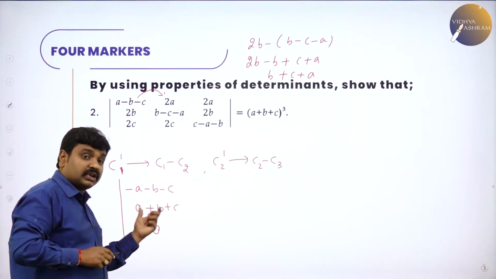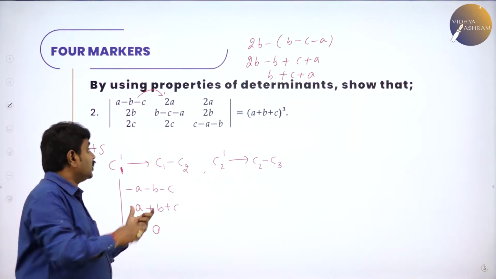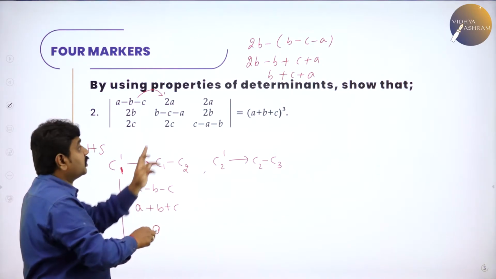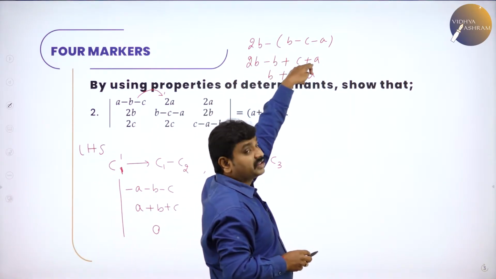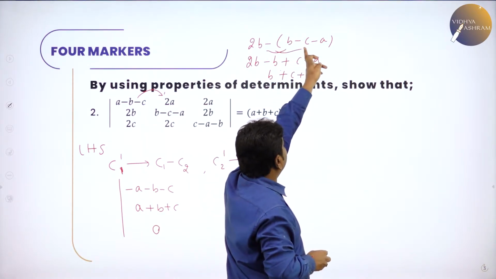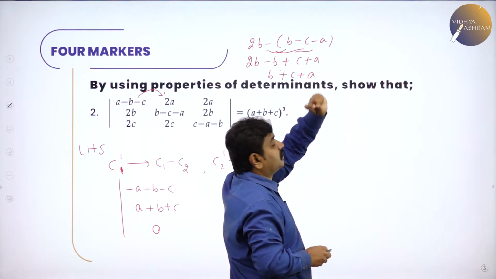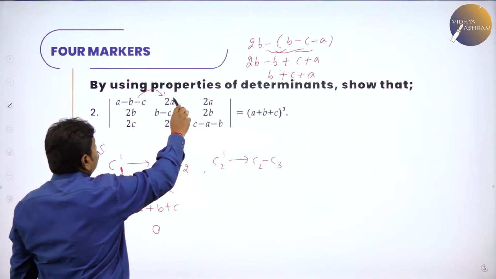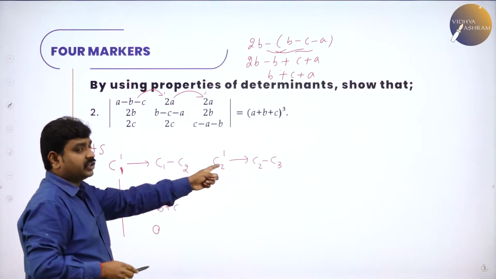Here you must subtract and substitute very carefully. When substituting directly, some people write b minus c minus a. But when it is minus, use parenthesis or brackets. Now you subtract minus into b minus b, minus into minus plus c, minus into that. Then now C2 implies C2 minus C3.